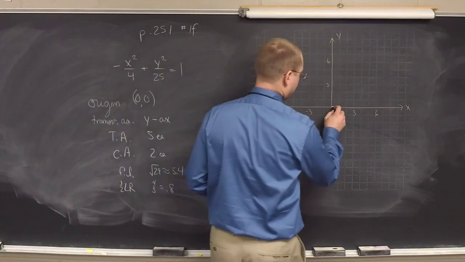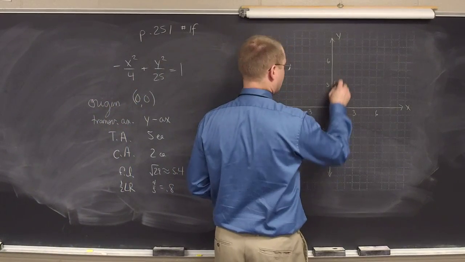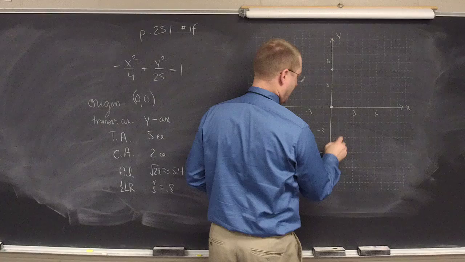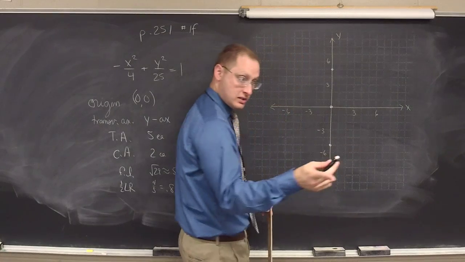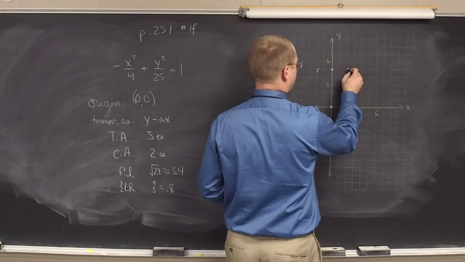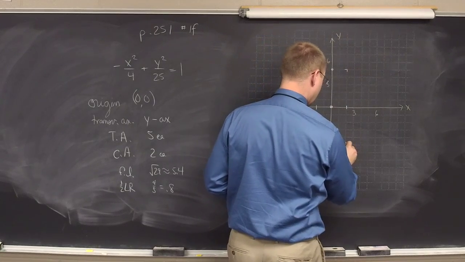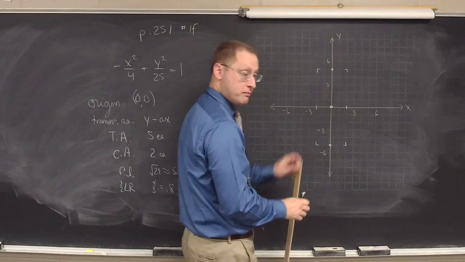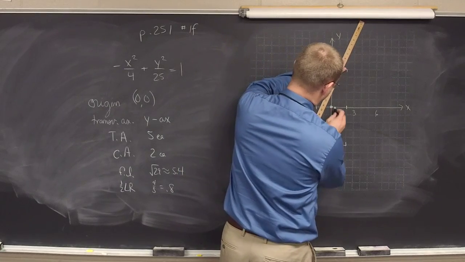So we started, of course, at 0, 0, and then along the y-axis you went up to 5, down to 5, and these were your vertices. Over 2 in each direction. So here's a corner, there's a corner, and there's a corner. And you made your asymptotes.